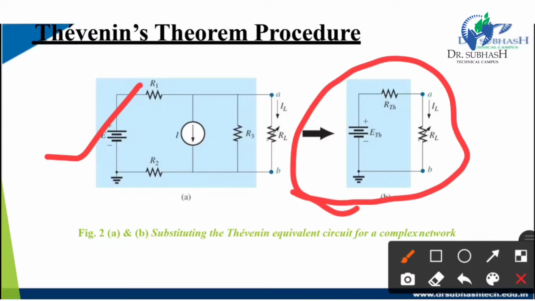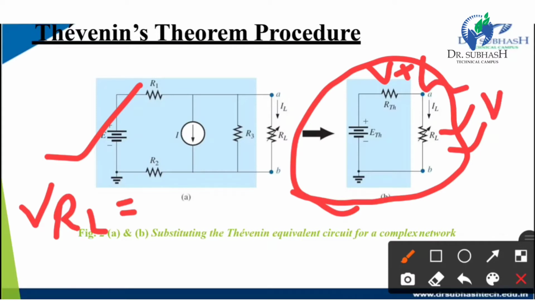For finding voltage across the load or current through the load, we will use the voltage divider rule. For finding the voltage at RL, I give the name VRL, and the voltage at RTH is VTH.